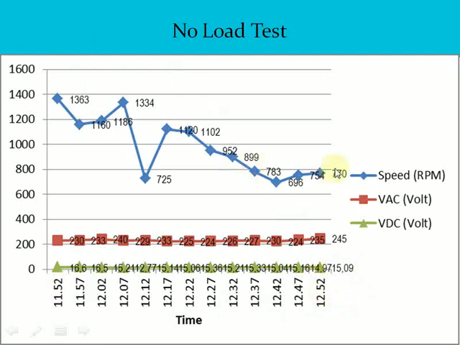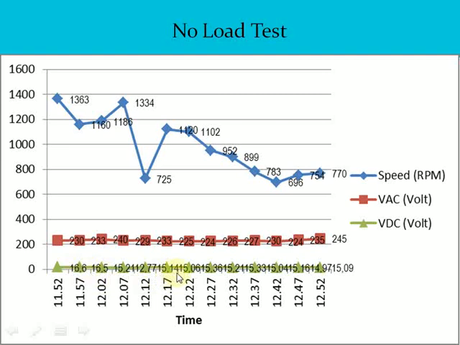After we rotate the generator from 1300 until the lowest speed here, 725, it produces a DC voltage, and the result is about 16 volts.